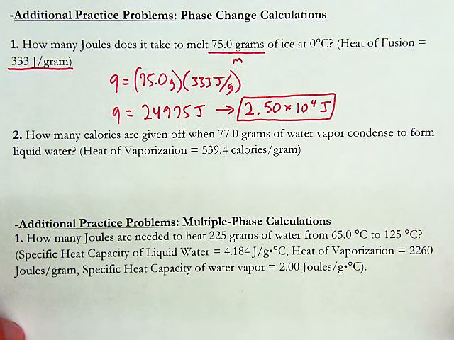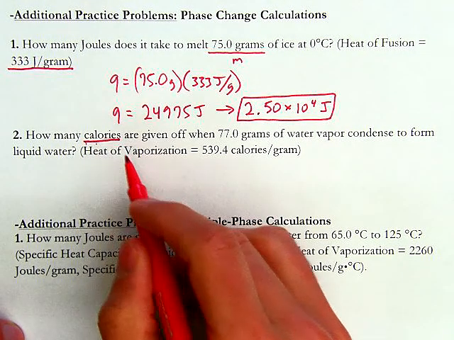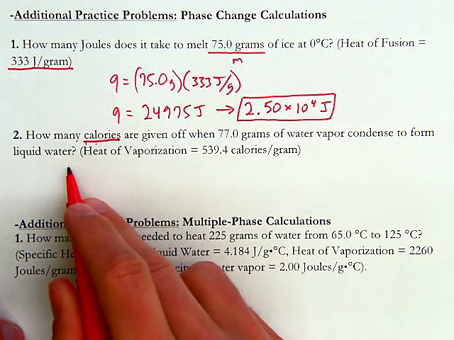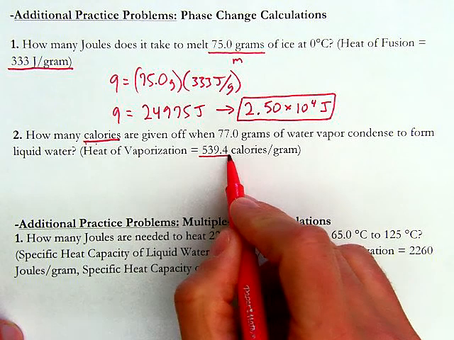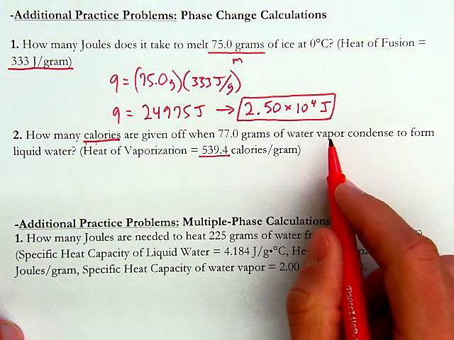The next question says, how many calories, so it's not joules this time, it's calories, are given off when 77 grams of water vapor condense to form liquid water? Okay, now, it tells you the heat of vaporization, but again, vaporization is going from a liquid to a gas. But here we're going from a gas to a liquid.